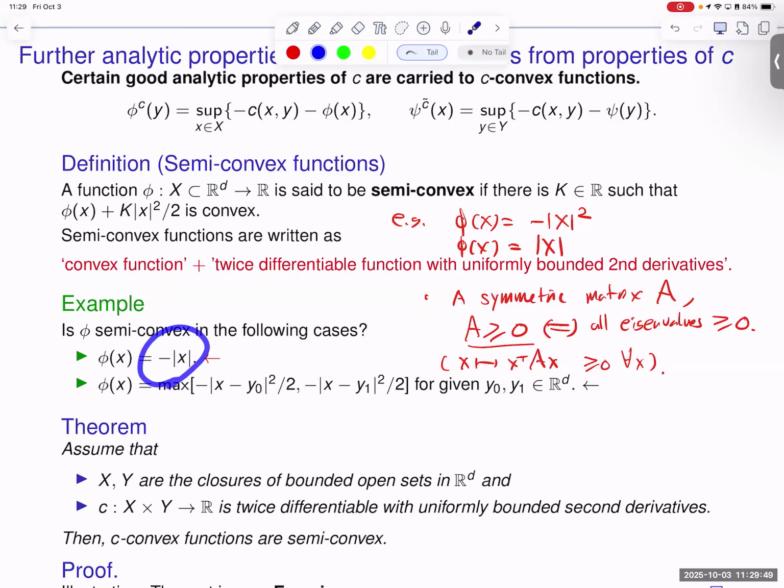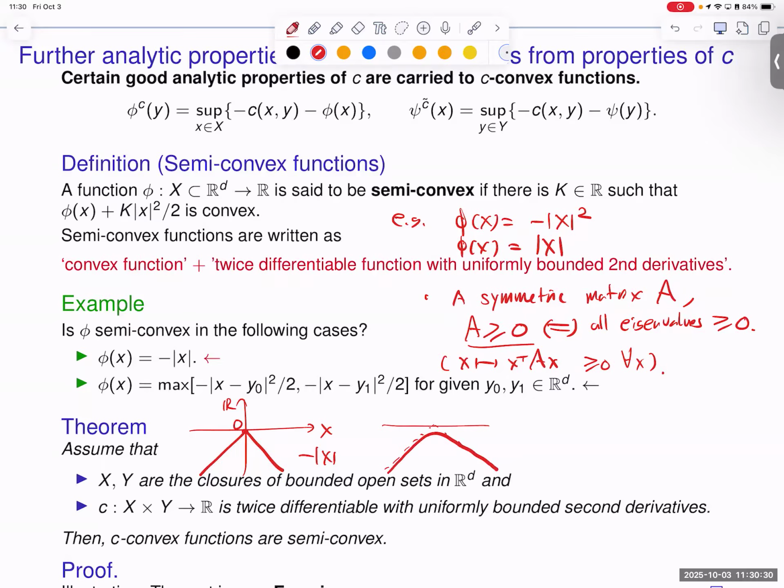And look at this function. It's a nice function. Its graph looks like this, this is minus x, right? This function is nice, but it's not convex. The second derivative here, of course, it's not differentiable, but you can imagine that this is the limit of some function like this.